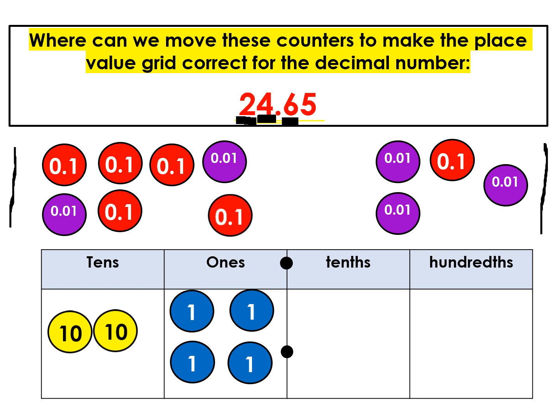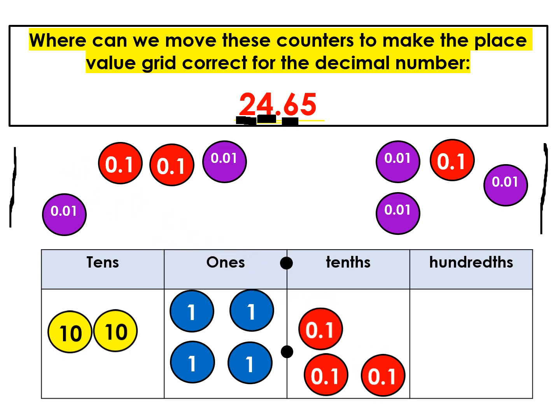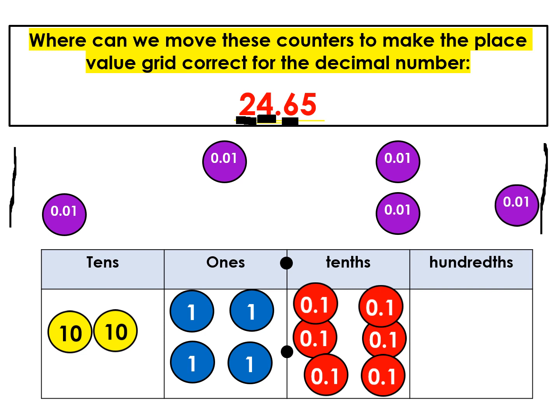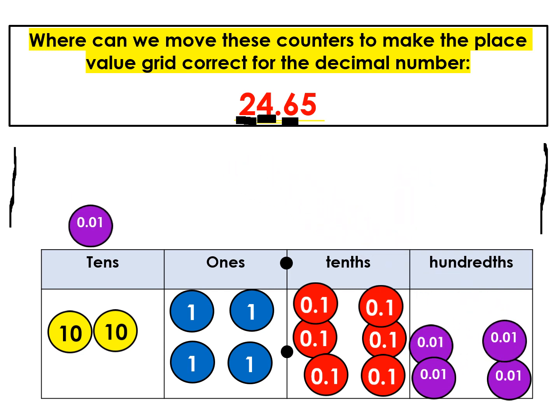Okay, so if you have got this correct, it should be the counters that show the tenths that are moving, and there should be 6 of them moving because the digit is 6, and we're showing that 0.1 6 times is 6 tenths. And then finally we should have 5 hundredths moving into this column here.